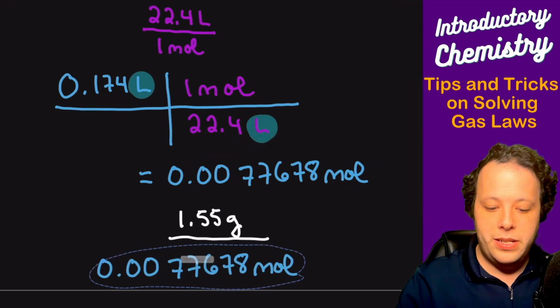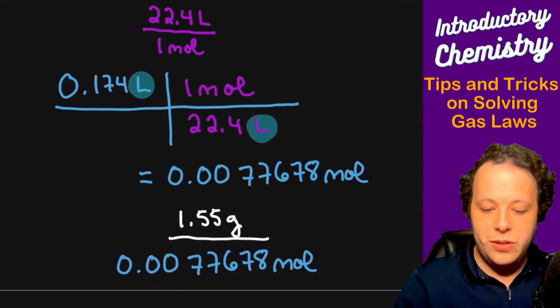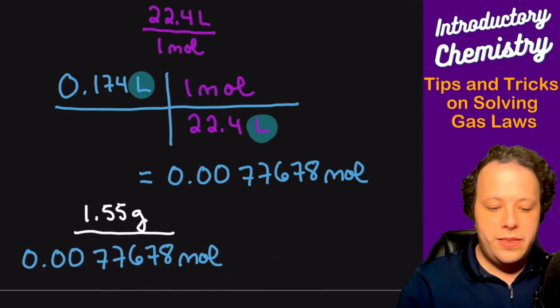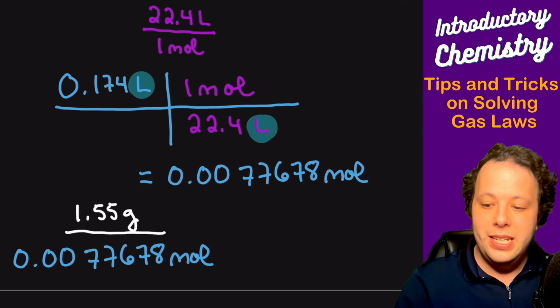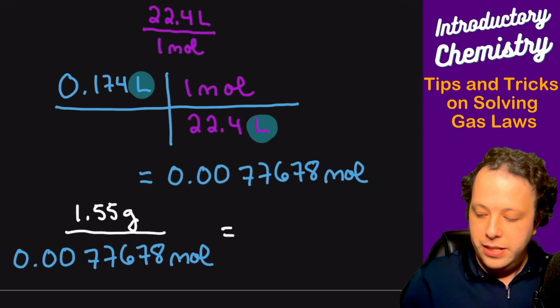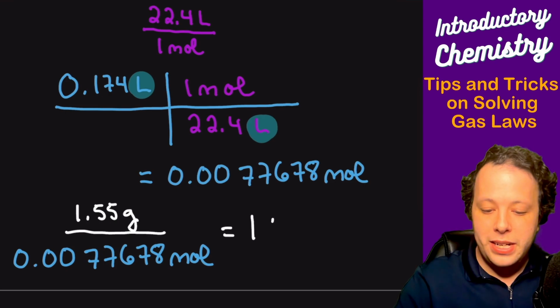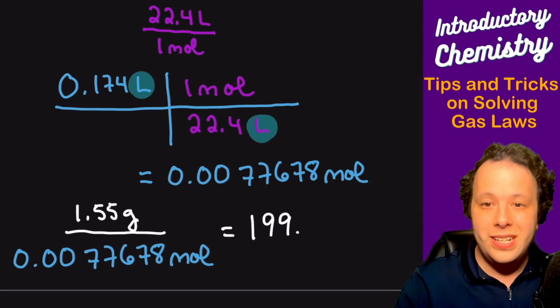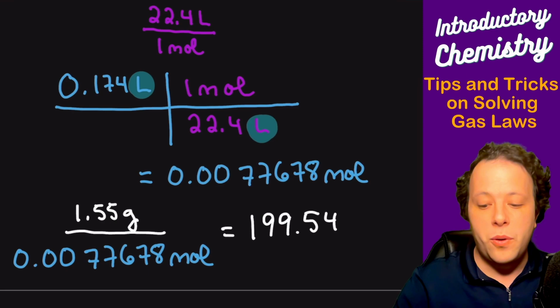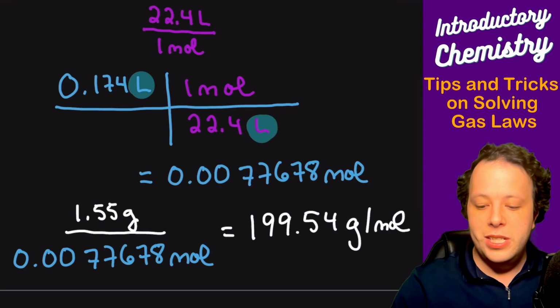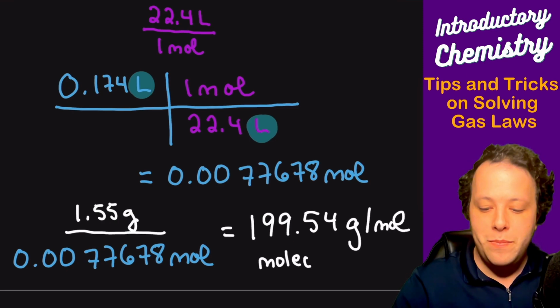Okay, so we'll put that down here. We'll divide those two values. And that's going to give us our molar mass. So by doing these and combining them together, you'll get 199.54 grams per mole. So this is your molecular mass.